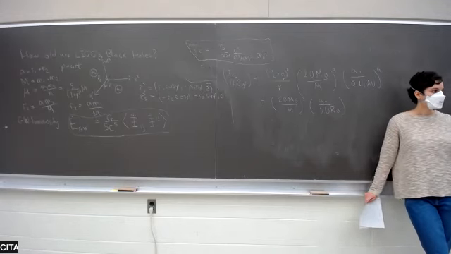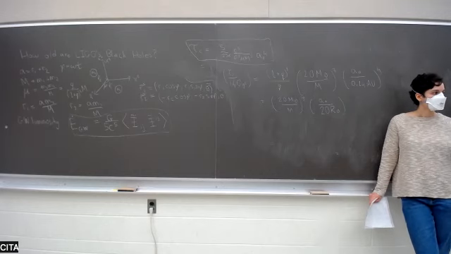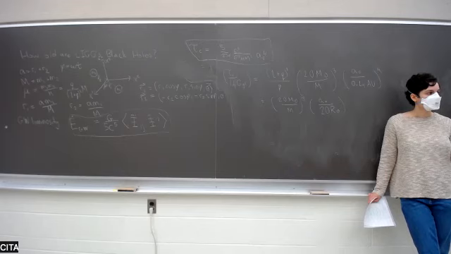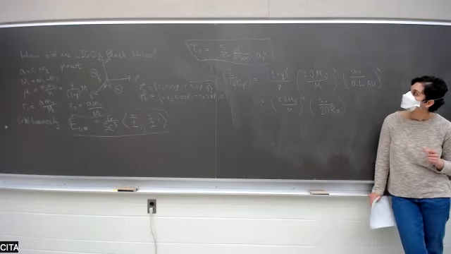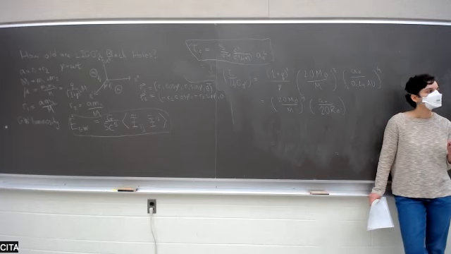Just a comment, a useful way of remembering this formula, maybe not the coefficient, is that you can express it as the light crossing time across the Schwarzschild radius times the ratio of A to the gravitational radius, G M over c squared, to the fourth power.